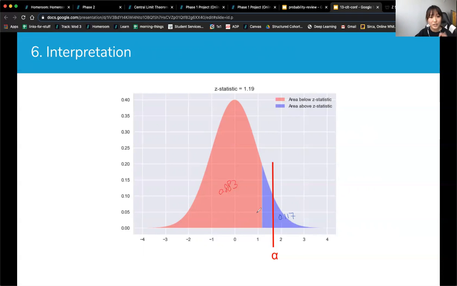What we're comparing is this 0.117 area to the area to the right of alpha. So this area to the right of alpha, let me just use a different color, is 0.05.